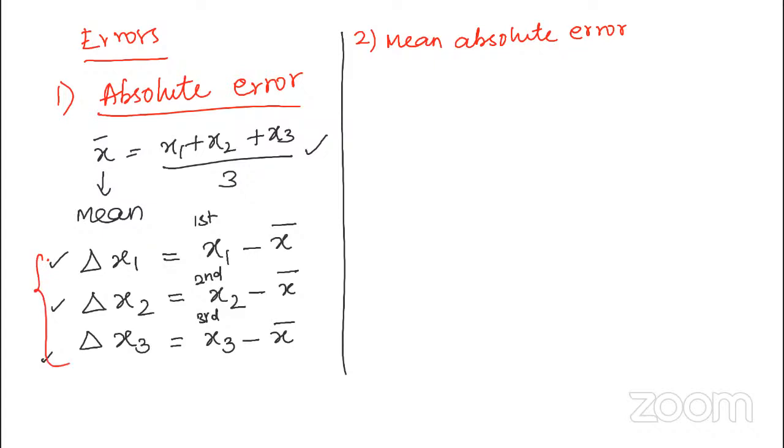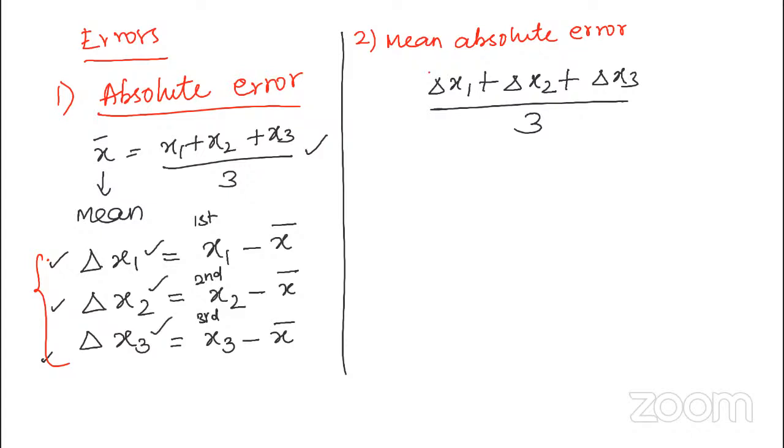So the mean value is delta x1 plus delta x2 plus delta x3 divided by 3. The absolute error values are defined as delta x1, delta x2, delta x3. When we add these three values and divide by 3, that gives our mean absolute error value.